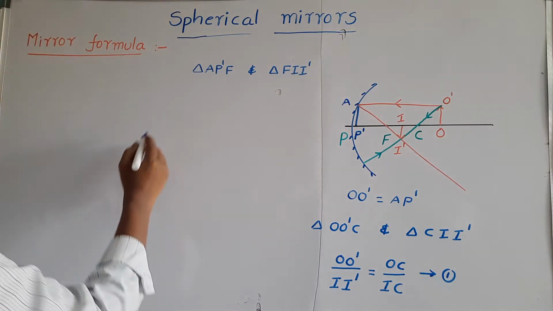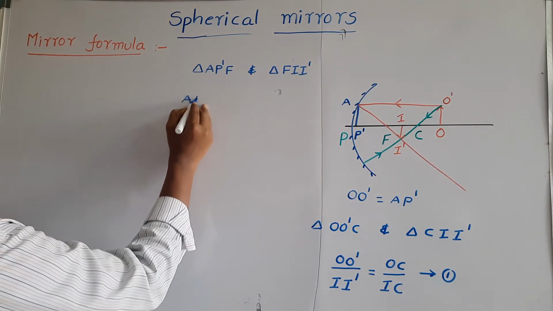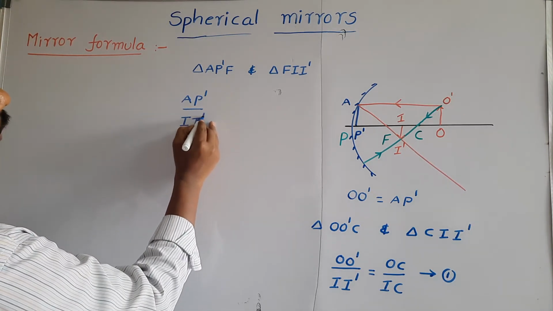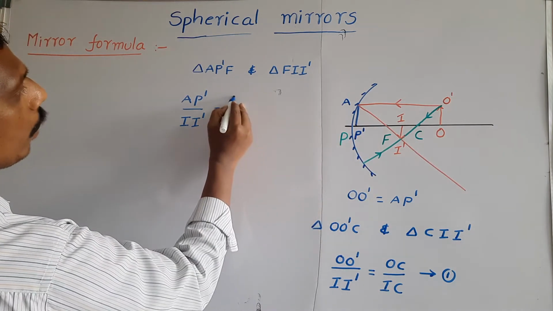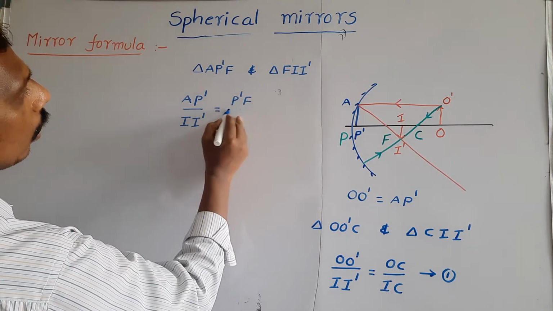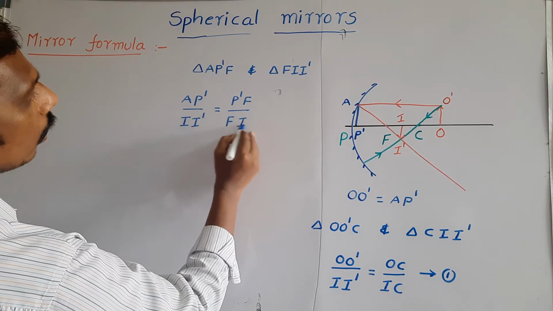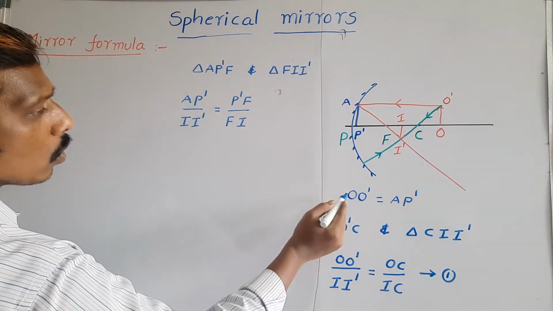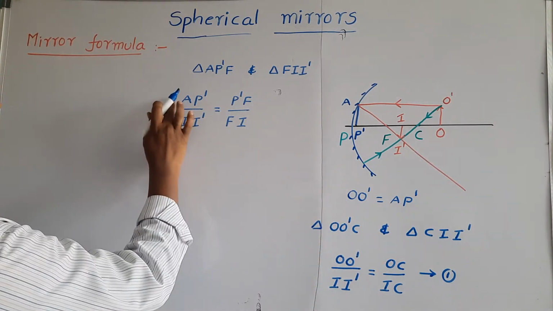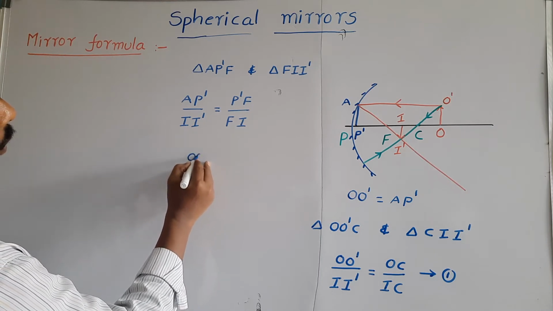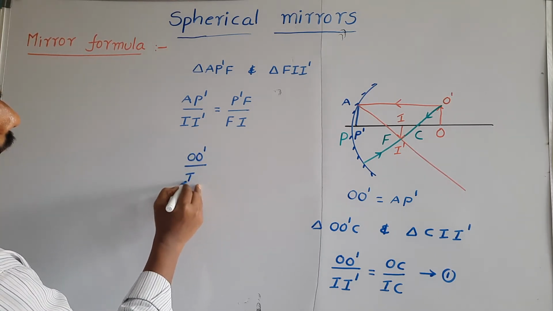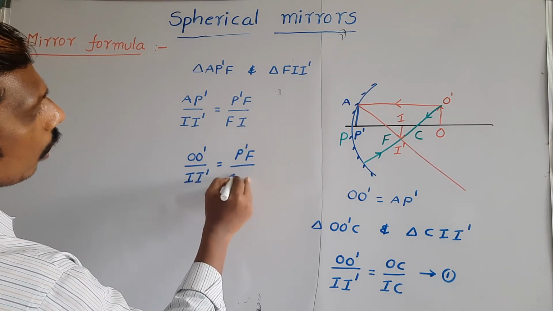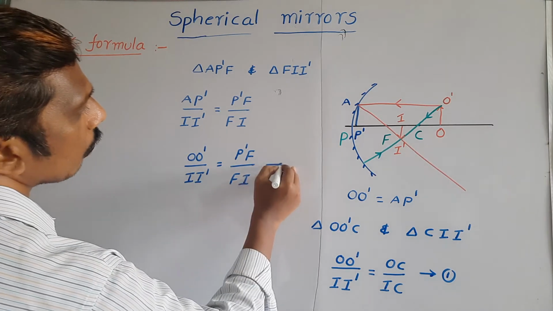From these 2 similar triangles, we can write the ratio of sides AP dash divided by I dash is equal to P dash F by F I. But we know O dash is equal to AP dash, so this O dash value is substituted here. Instead of AP dash, we can write O dash by I dash is equal to P dash F by F I. Say this is equation number 2.